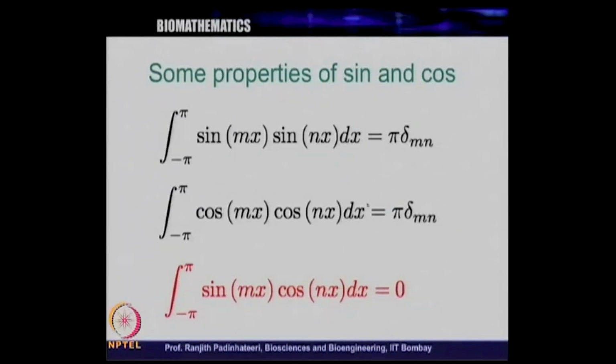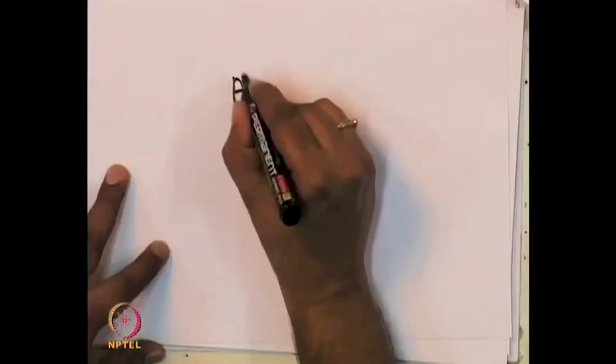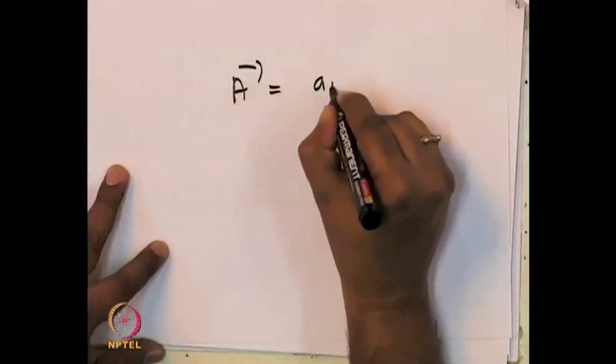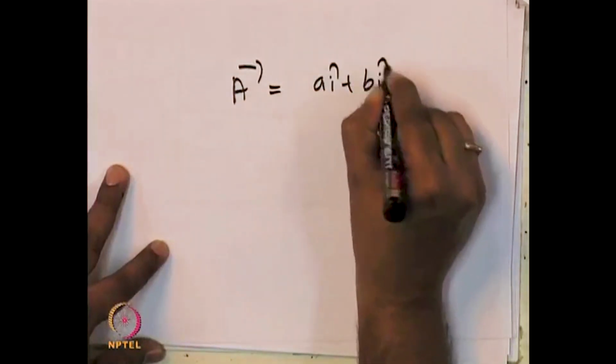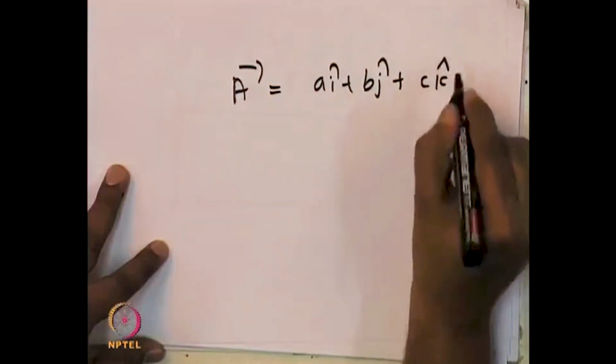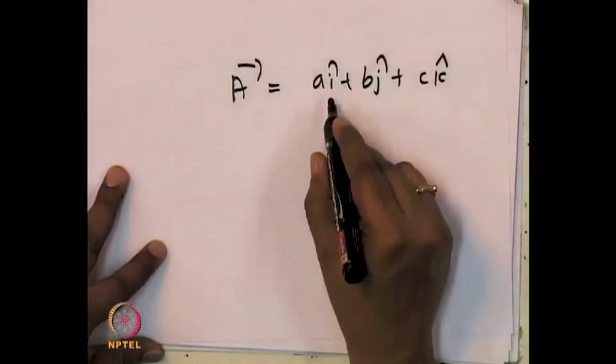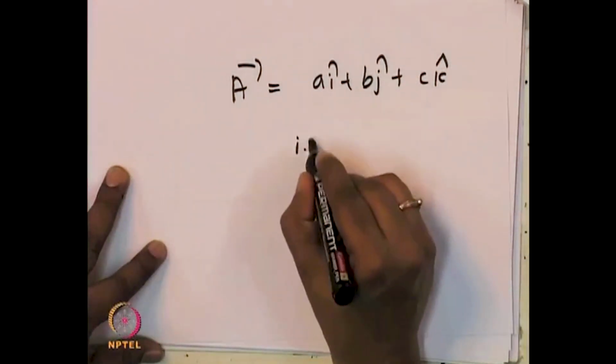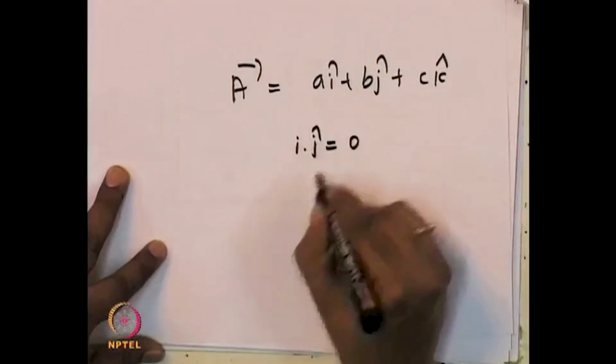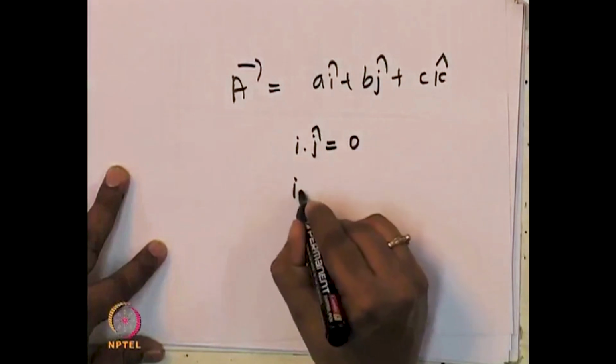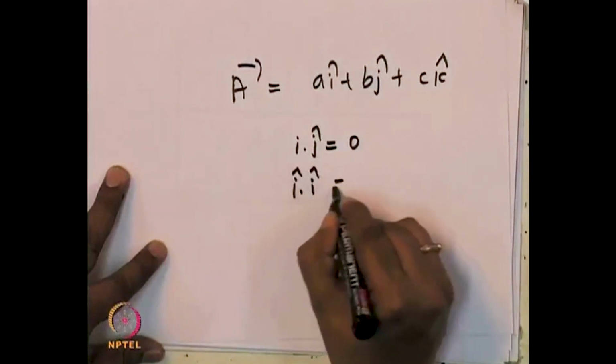We also briefly said that whenever you write a vector as A i plus B j plus C k, i dot j is 0 and i dot i is 1.